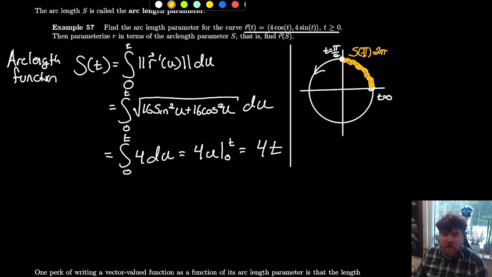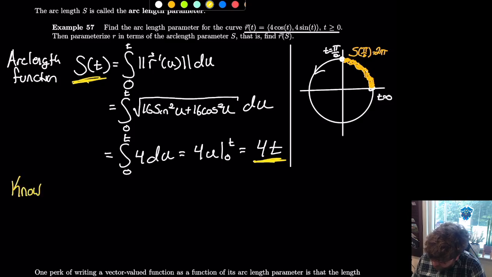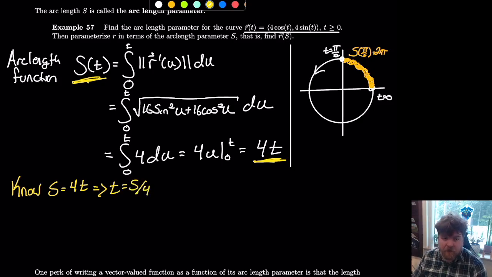Okay. So now I have this nice little relationship between s and t. So I know that s is equal to 4t, which means that I also know that t has to be equal to s over 4. So now what I can do is go back through and reparameterize my curve.